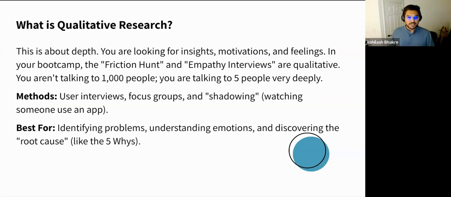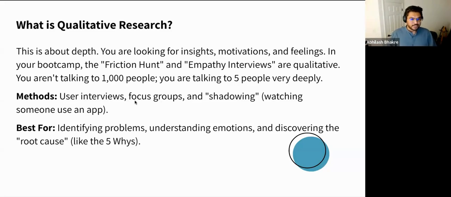And in this bootcamp, the friction hunt and the empathy interview are the qualitative part of it. You will not be talking with thousands of people. You might end up talking to five people who are potential users, but you will understand their behavior and emotions toward completing that task very deeply.